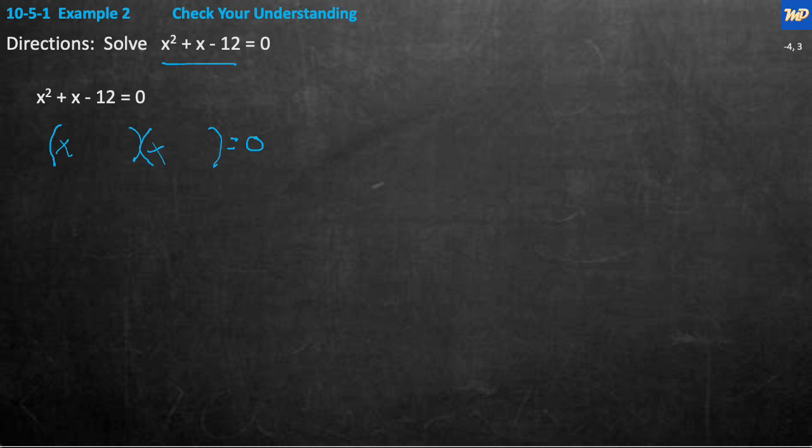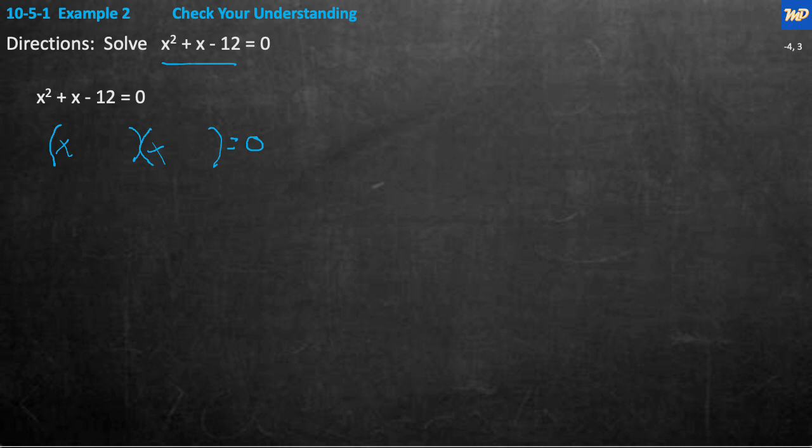So whatever two terms we add together to get our b term, we have to multiply together to get our c term, negative 12. So what factors of 12 or negative 12 can we use that, added together, will be 1 and, multiplied together, will be negative 12?